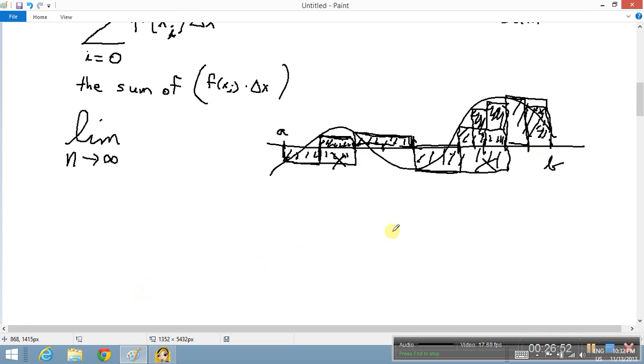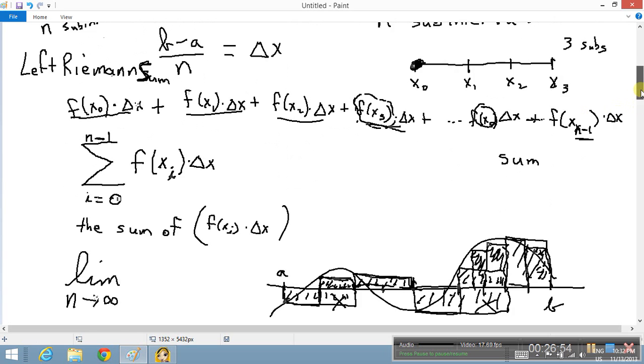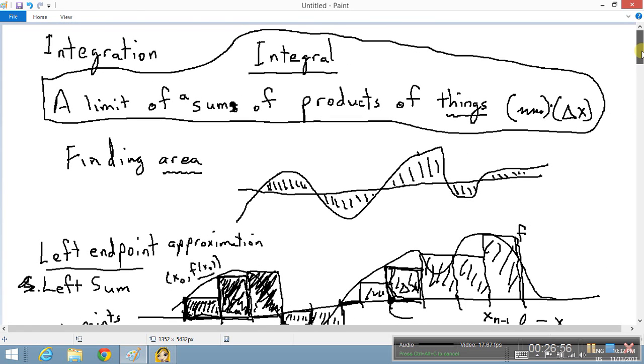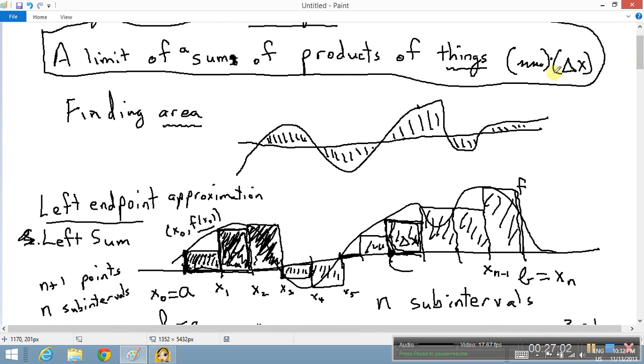All right, so just to review a little bit, we've been talking about an integral, although I haven't shown it to you yet, but it's a limit of sums of products that involve multiplying things together that have a delta x in them. And one of the things that we can do with this is figure out areas.